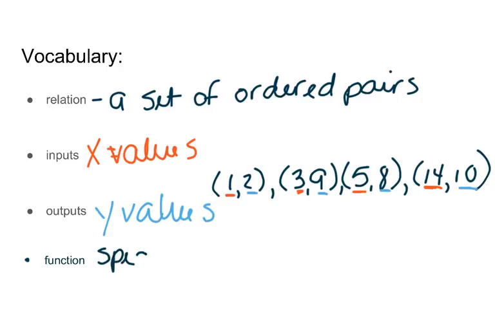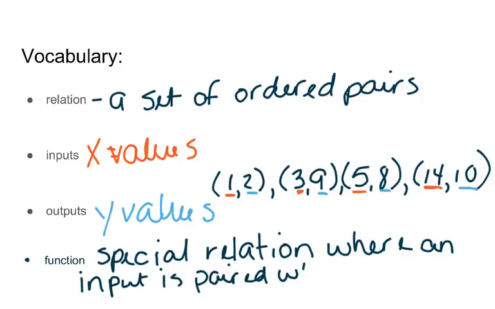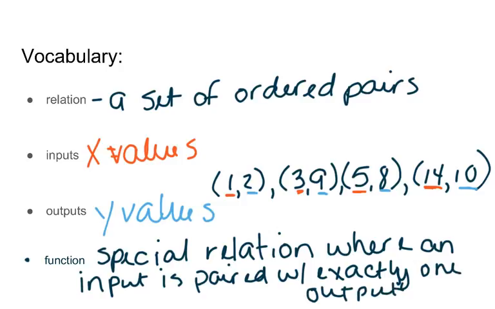It's a special relation where an input is paired with exactly one output. So in a function, there's one input and it's paired with exactly one output.